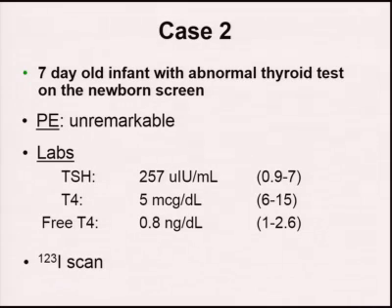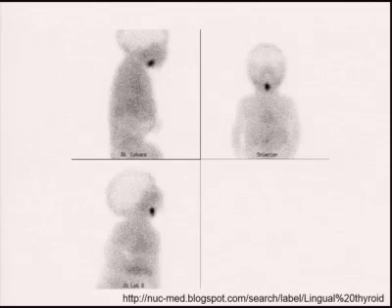An I-123 scan is sometimes done. Sometimes it can be an ultrasound. Sometimes, frankly, in congenital hypothyroidism, we don't do imaging because it won't, in the short term, alter the management. But in this case, it was done. And this was the result. So this is just off the internet, not an actual patient.